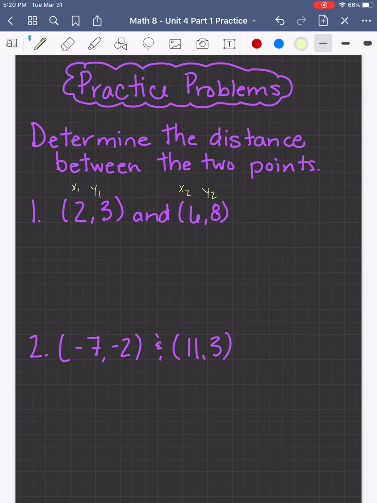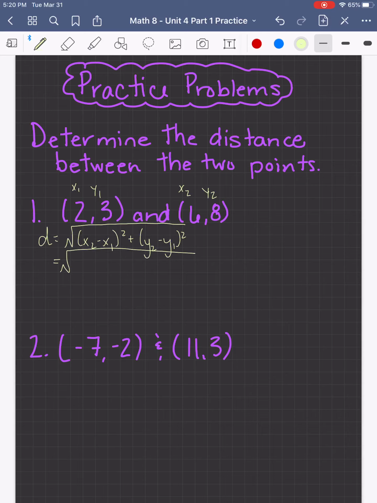So, a reminder that our formula is the square root of x2 minus x1 squared plus y2 minus y1 squared. And we'll go ahead and start just filling in our blanks.